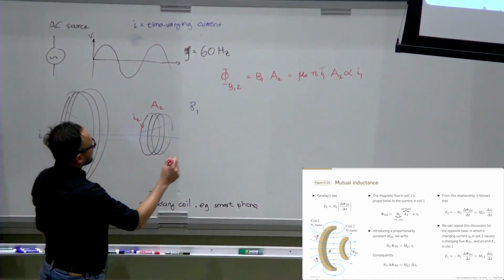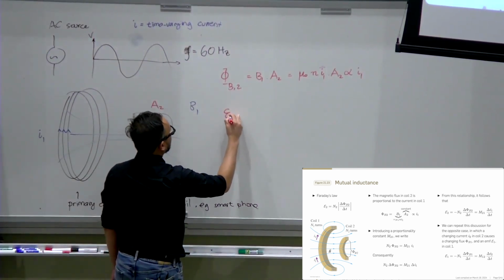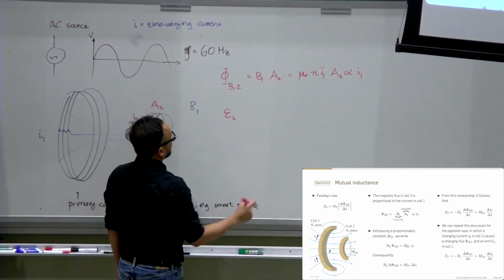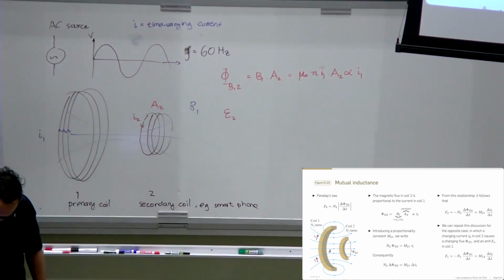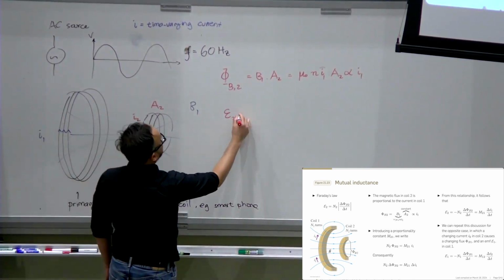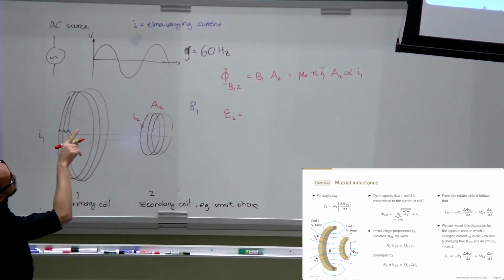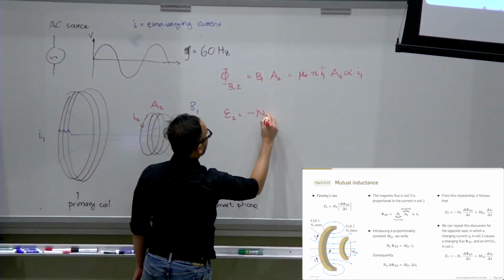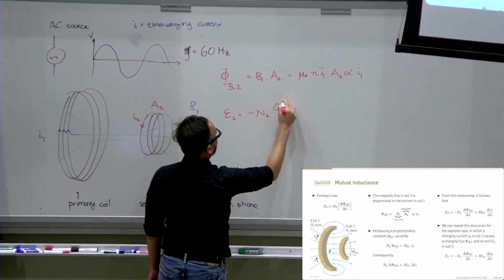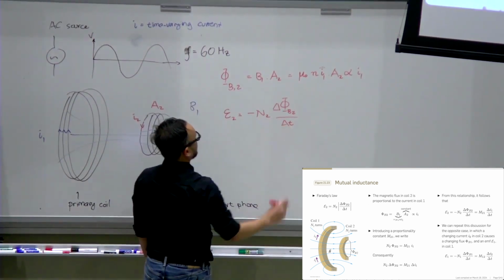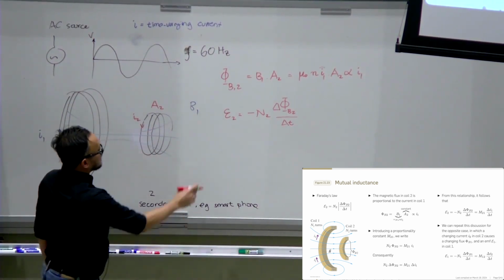What we are trying to do is calculate the EMF of coil number 2 due to the first coil. Probably the formula is covered by the screen. The formula is N2, and this is just Faraday's law.